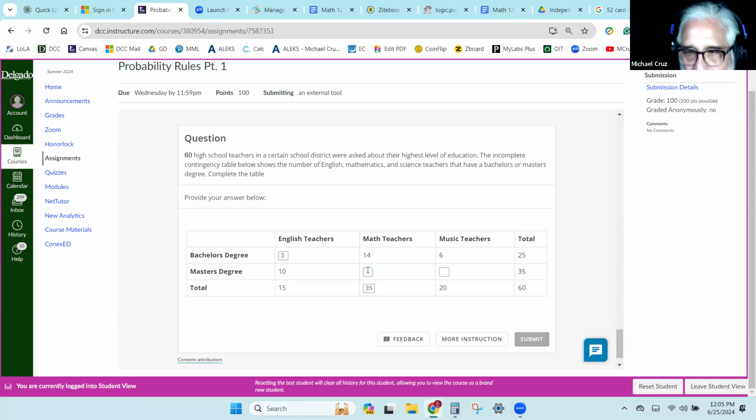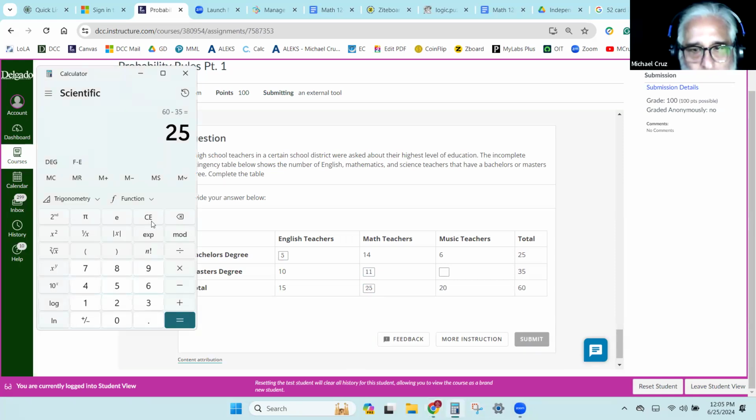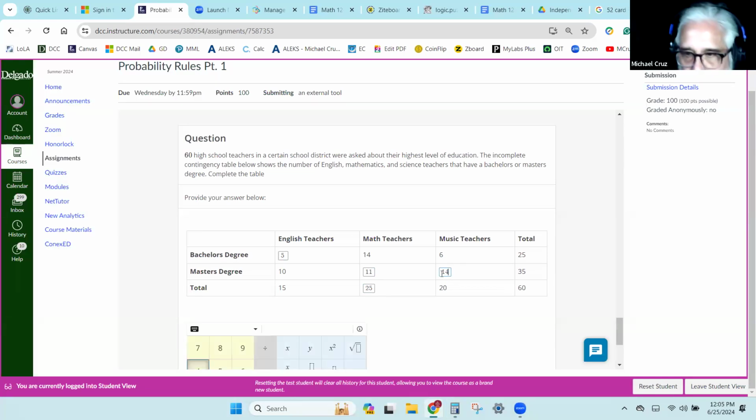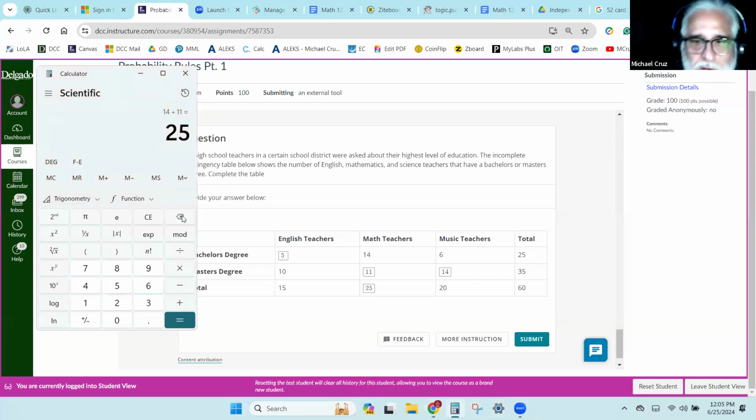14 plus what is 25? I think it's 11. I'll double check it. 14 plus 11, 25. Same thing here. 6 from 20 gives us 14. Let's double check all of them. So 5 plus 14 plus 6 is 25. 10 plus 11 plus 14 is equal to 35.